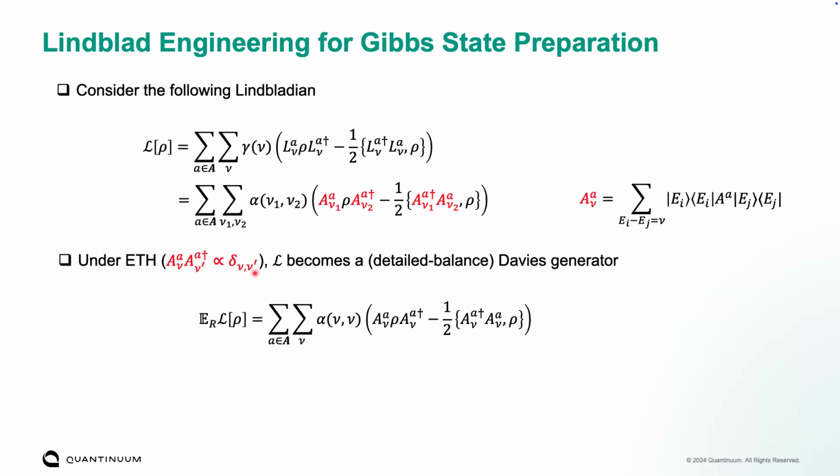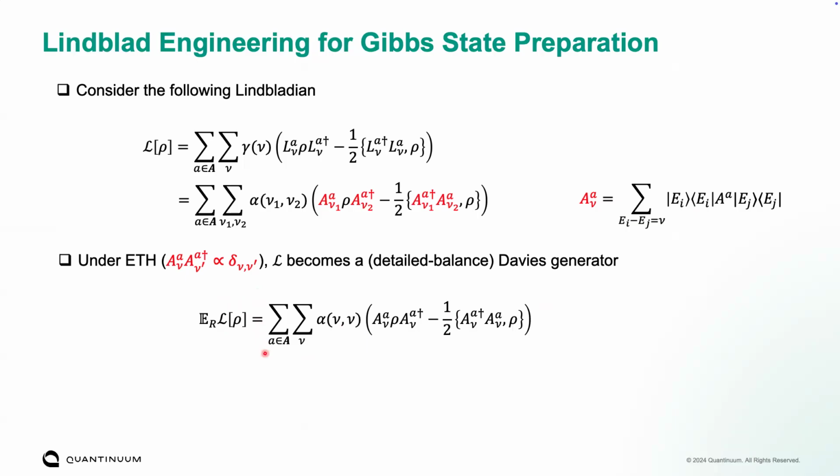So if you apply ETH and then take an average over this random matrix, then what happens is that nu one and nu two have to be the same, otherwise they vanish. And then same for the second term. So this means that your Lindbladian under this ETH is now looking like this.